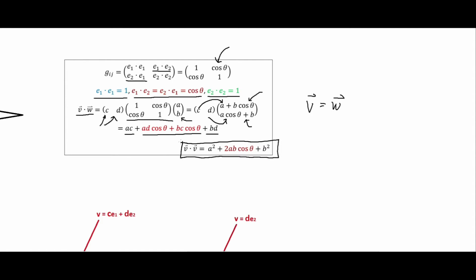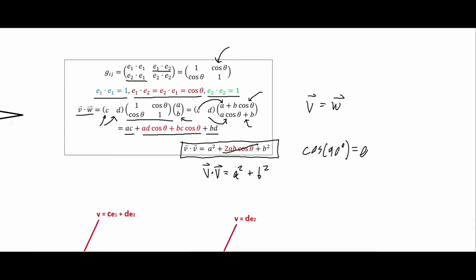And if we are in an orthonormal basis, cosine theta is the cosine of 90 degrees, which just equals 0, and so this part will go away, and we just recapitulate our Pythagorean theorem here. So v dot v equals a squared plus b squared.